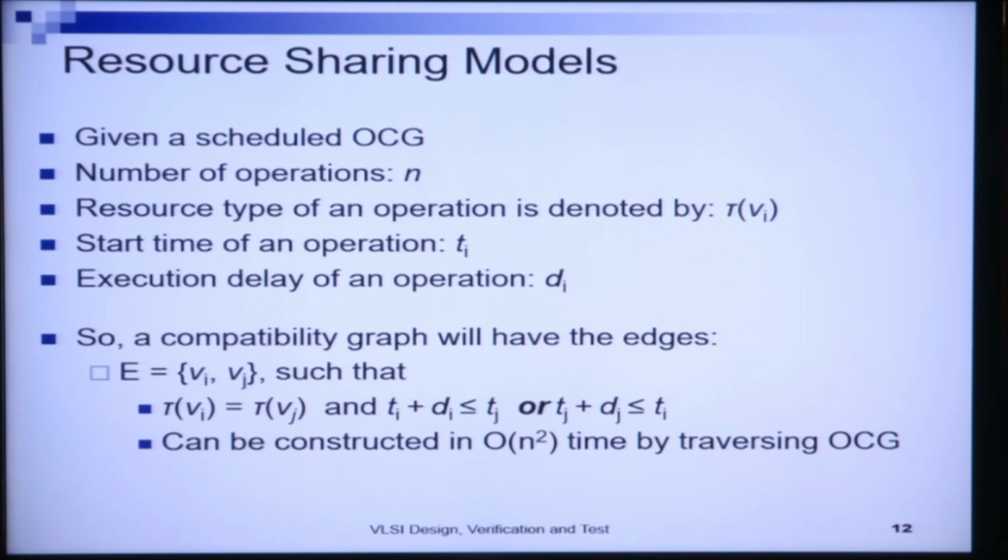For all those operations, if this constraint is true, I can put an edge between these two operations in the compatibility graph. Through such a traversal of the operation constraints graph, all edges of the compatibility graph can be obtained in big O of n square time, where n is the number of operations in the operation constraints graph.